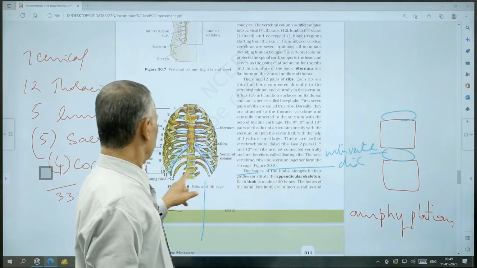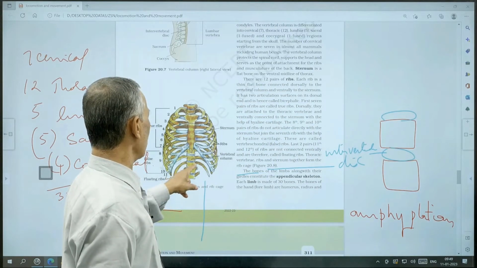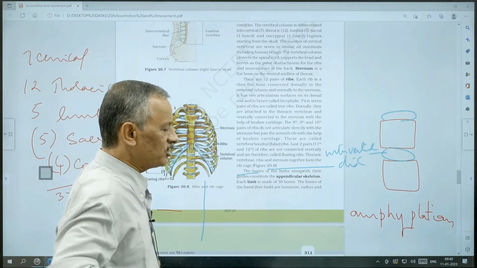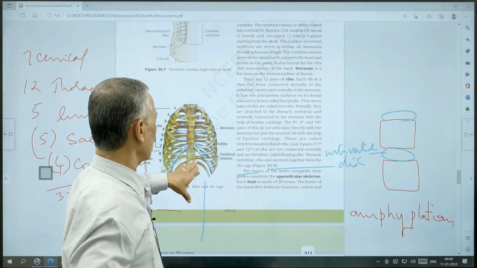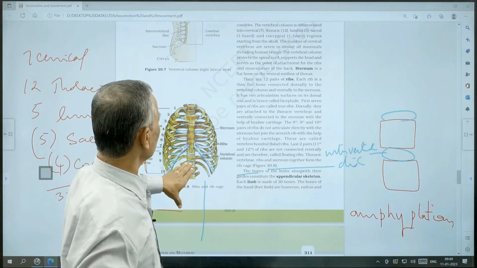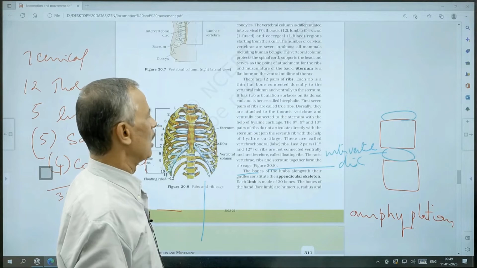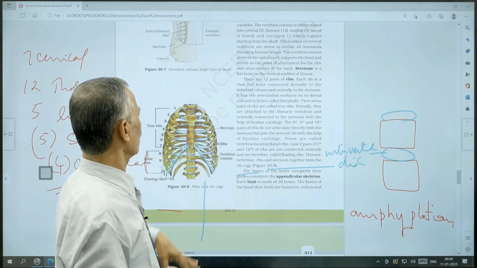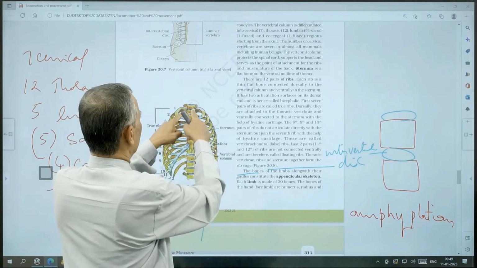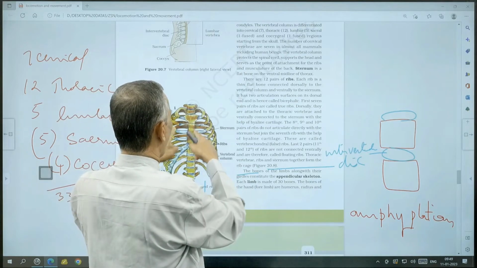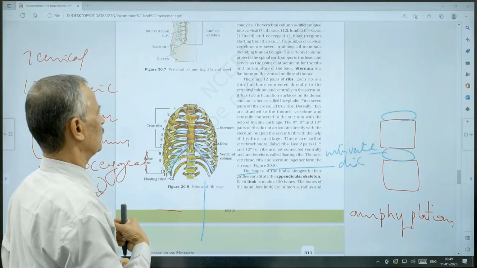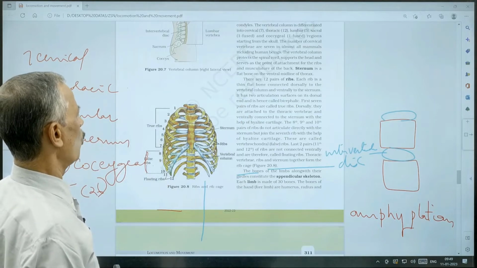Whereas the 11th and 12th are very small, they don't even reach the ventral side and are not at all connected ventrally. That is why it is called floating. So 12 pairs of ribs. And there is a dagger shaped bone called sternum, that is the chest bone.